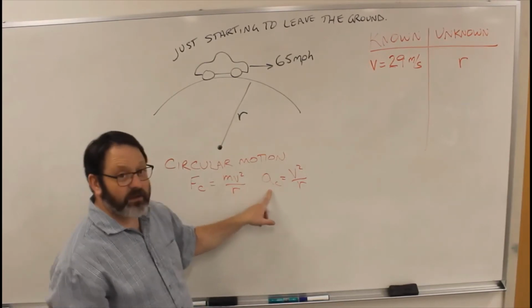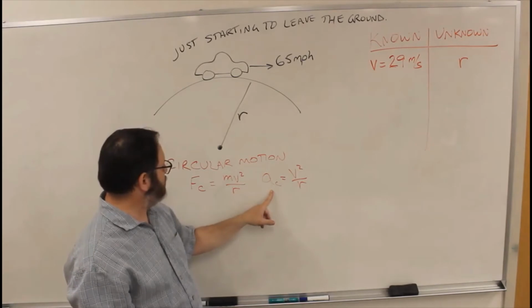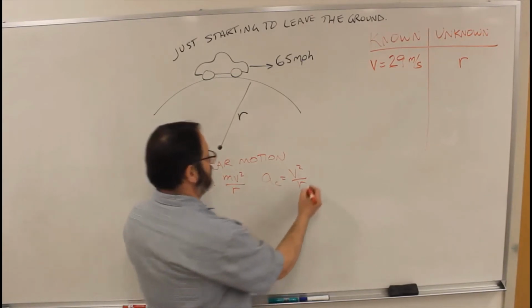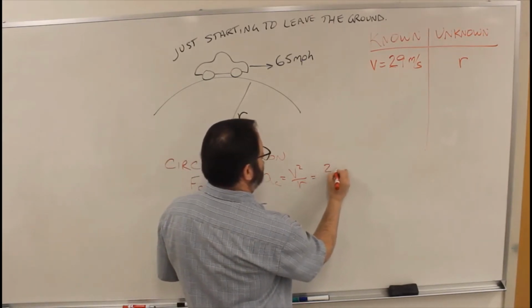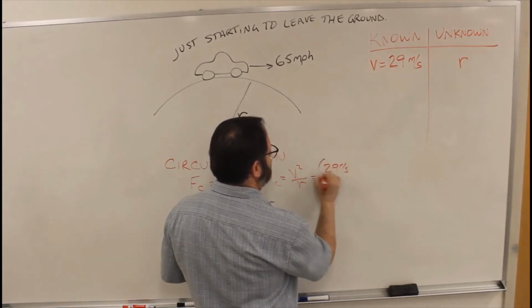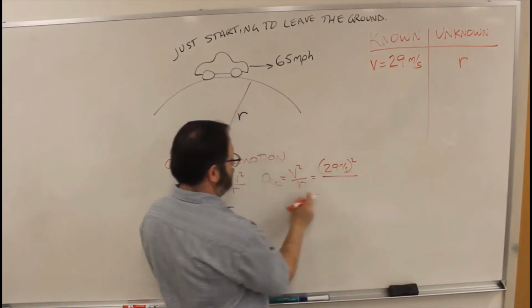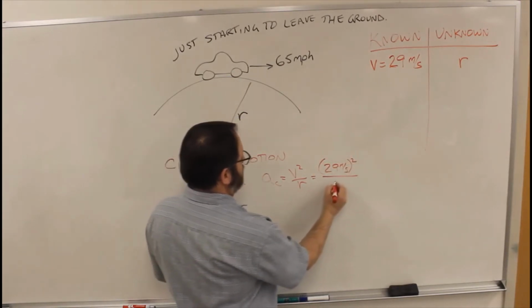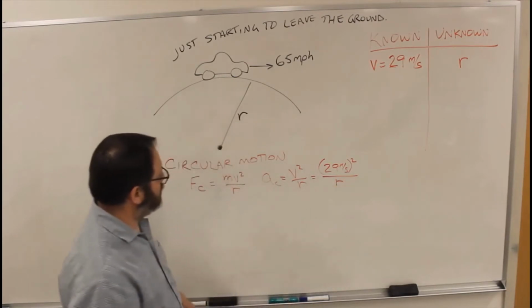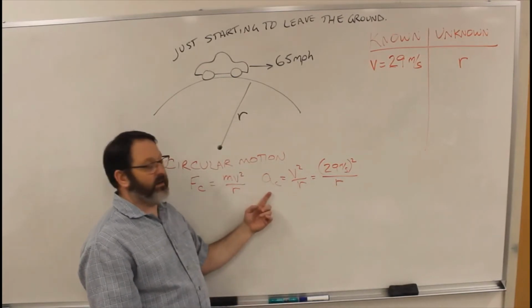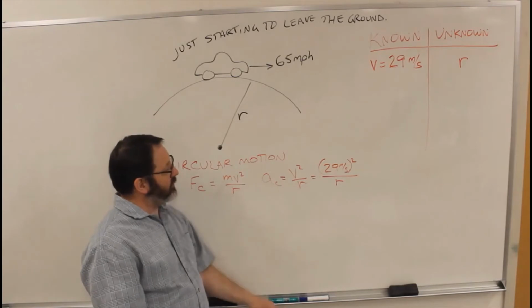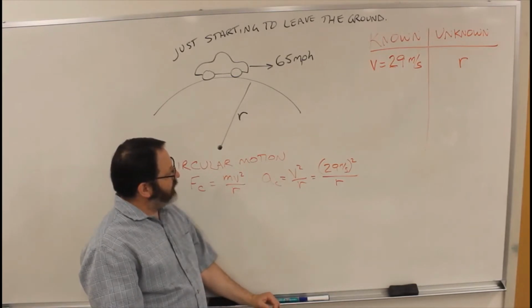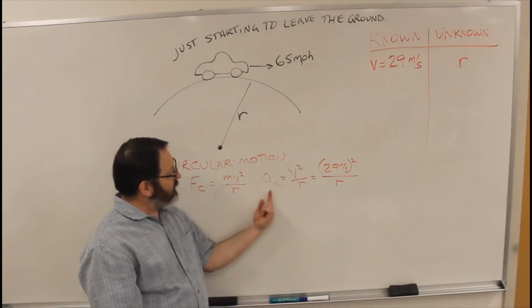Centripetal acceleration. I can find what the centripetal acceleration is. Okay, so this is 29 meters per second, squared, over r. Oh, I can't find what it is because I don't know what r is. r is what I'm looking for. So that hasn't helped yet. I need to figure out what this a is.